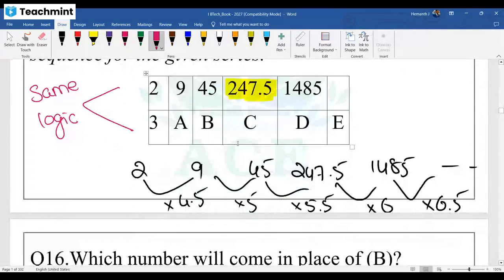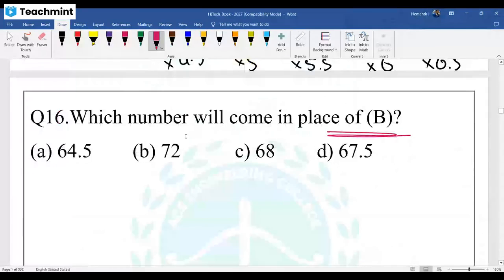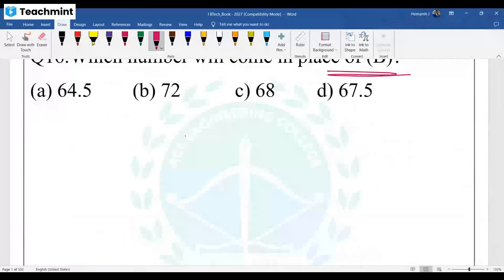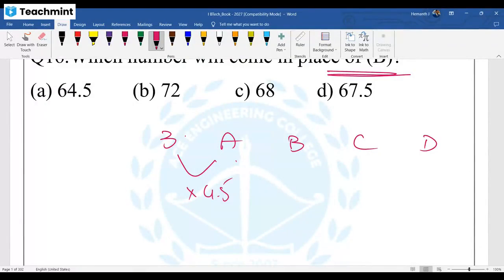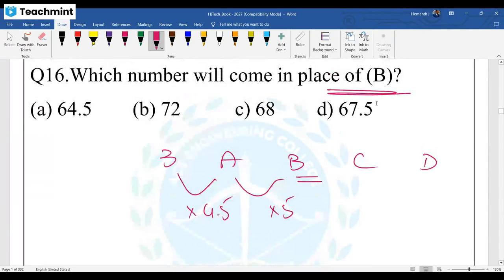The first series is a complete series; identify the logic from that. We came to know it is multiplied by 4.5, 5, 5.5, 6, 6.5 like that. Now put the same thing for the below one, 3, A, B, C, and so on. Multiply with 4.5, then multiply with 5, and B will be obtained. They are asking only this. Don't go for the remaining things.